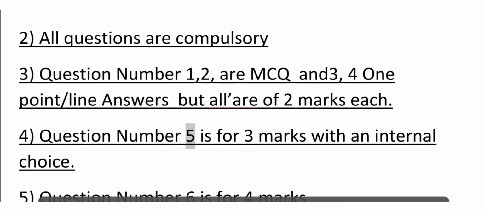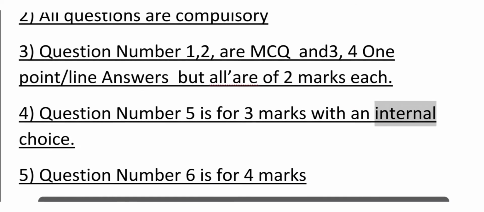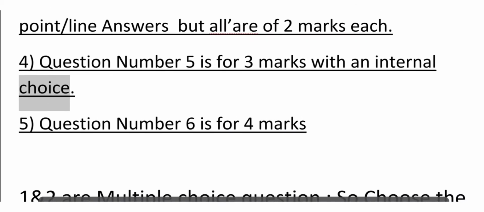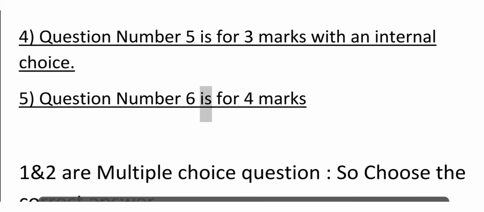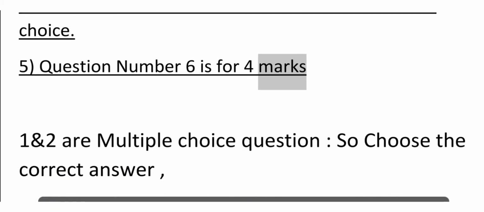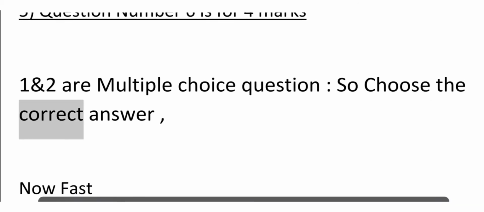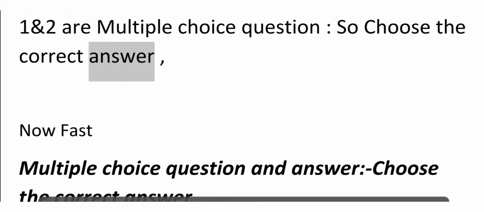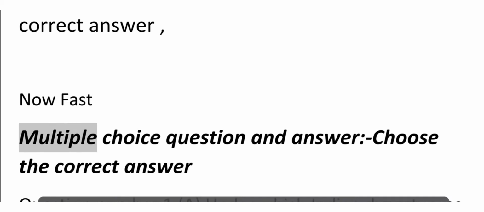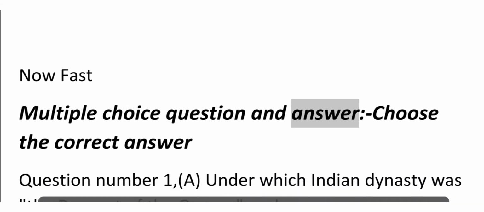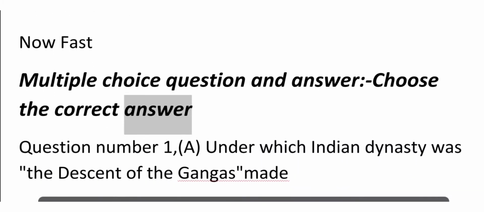Question number 5 is for 3 marks with an internal choice. 5. Question number 6 is for 4 marks. 1 and 2 are multiple choice questions, so choose the correct answer. Now first, multiple choice questions and answers.